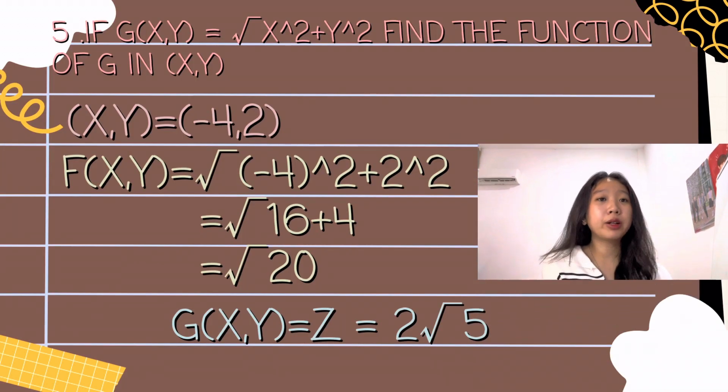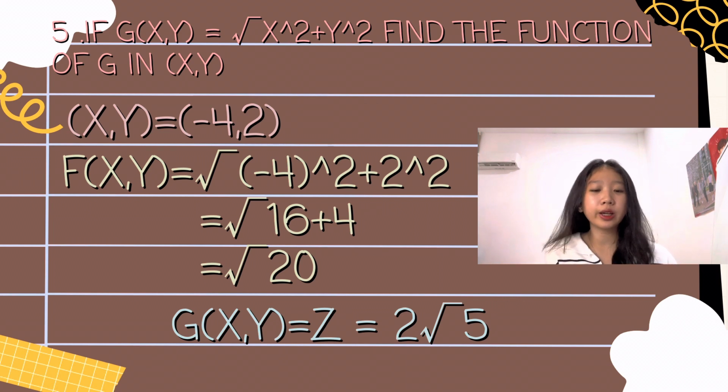For the last example, it was just the same as the fourth example. We have to find the value of function g, where the point x and y is minus 4 and 2. So we enter x and y into the function g(x,y).